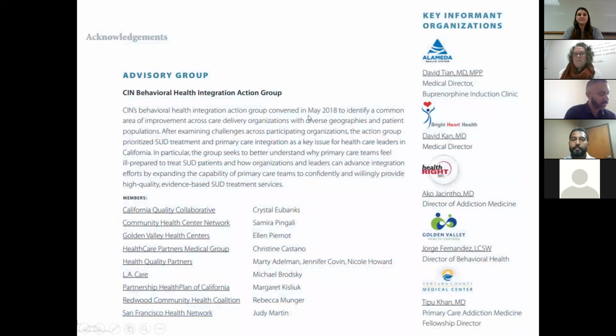So, we had an advisory group, as Marie mentioned, but I really want to call out our key informant organizations. These were organizations that very generously volunteered their time and let me dig into what they're doing, asking a lot of questions and sharing their resources, both what worked for them and the things that didn't work for them, being authentic and vulnerable and sharing some of the challenges that they're really going through.